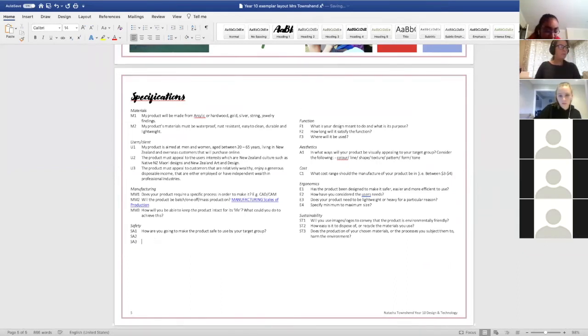So my product must, how would we say safety wise, must not irritate or be abrasive or be made from safe materials, maybe. And is that a safety or a material specification? I don't know, maybe. So my product must not irritate the user's skin. That's probably about right, isn't it, Michaela?